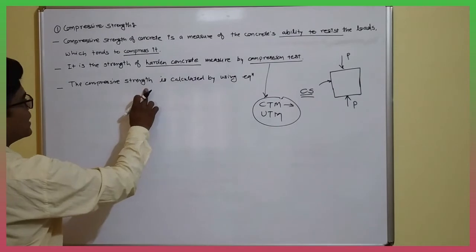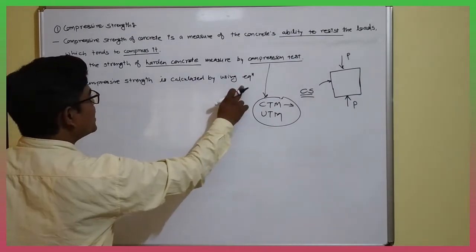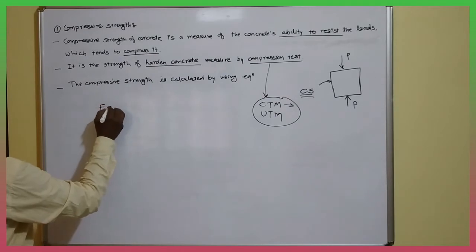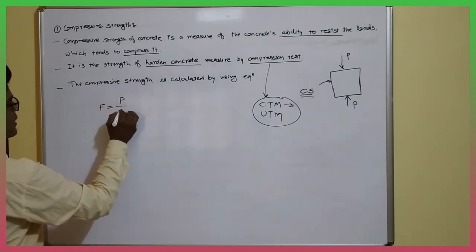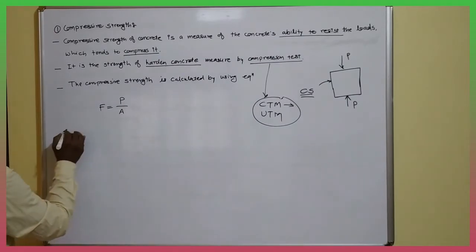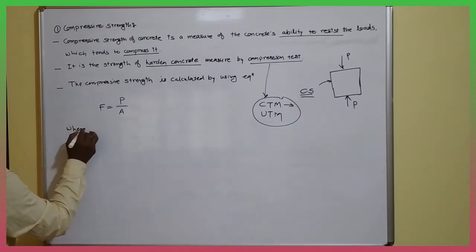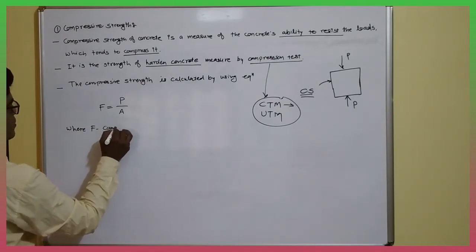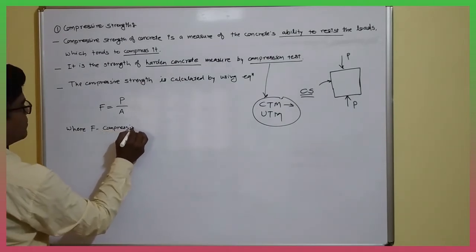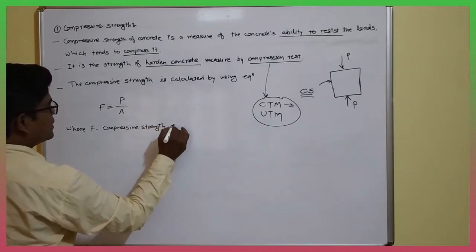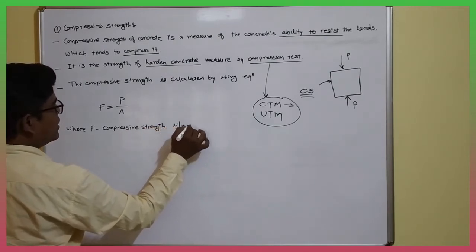The compressive strength is calculated by using the equation, that is F is equal to P by A, where F is the compressive strength in Newton per mm square.